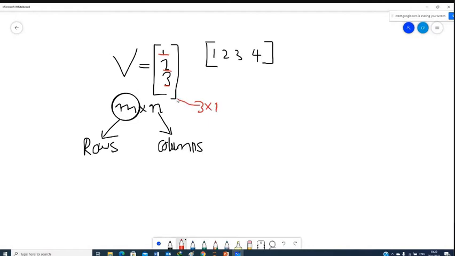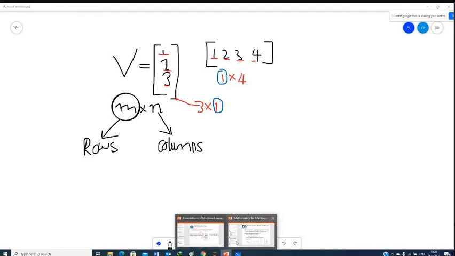This one has 1 row and 4 columns, so it is a 1 by 4 vector. So in a vector, one of the dimensions has to be 1.